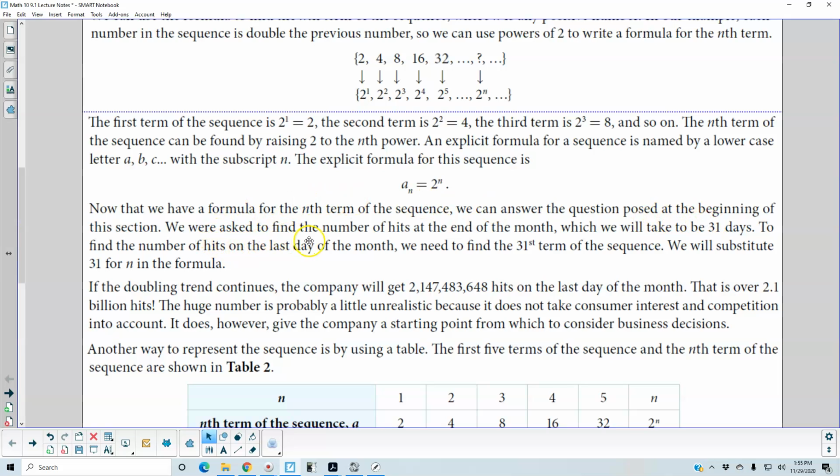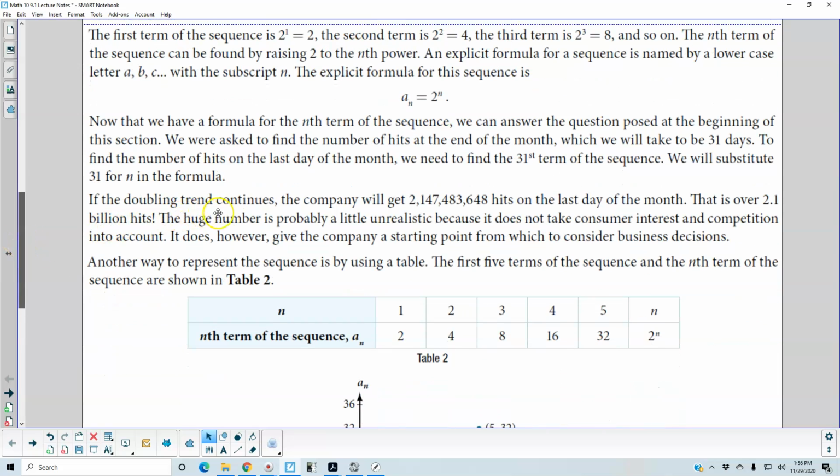We were asked to find the number of hits at the end of the month, which we take to be 31 days. To find the number of hits on the last day of the month, we need to find the 31st term of the sequence. So we will substitute 31 for n in the formula.